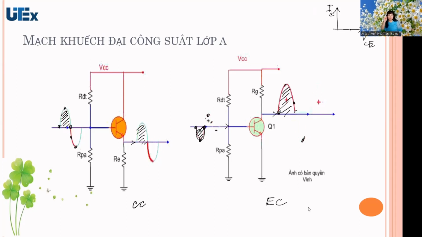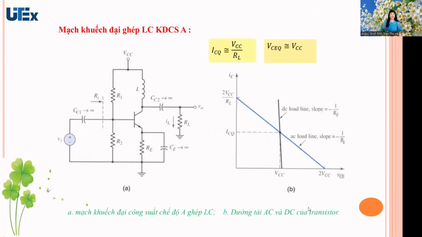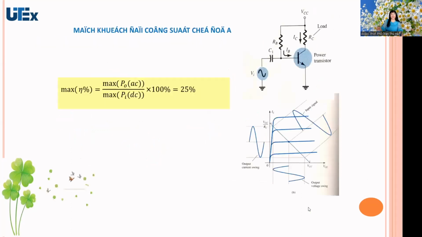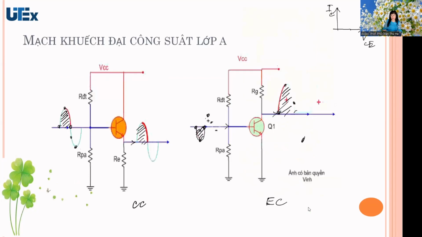Okay. We have just listened about the class A with the simple circuit. And similar, if we have the fixed bias with a resistance AC, with the resistance, and you have fixed bias, voltage divider biasing, you can determine the circuit in this.